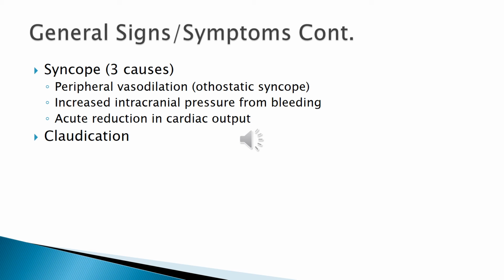Another sign and symptom is claudication, which involves the circulation to the lower limbs. People with insufficient circulation to their lower extremity will complain of a cramping and aching type of pain in the lower legs.